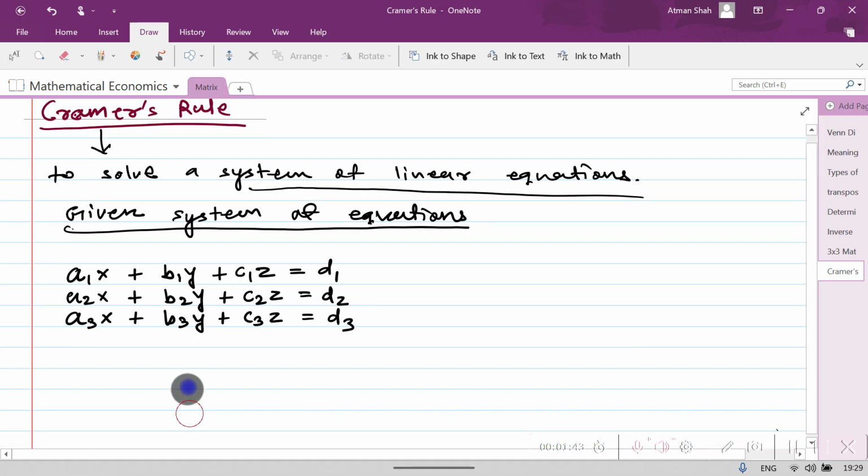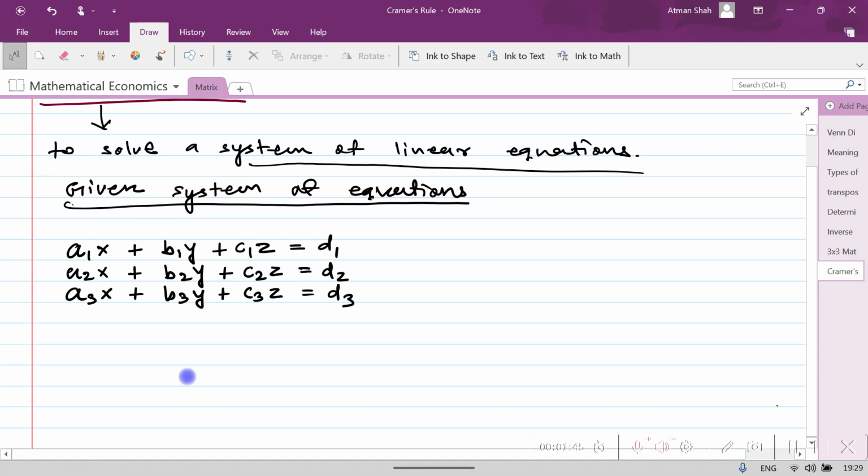So we have three linear equations and we want to solve this. We want to find the values of x, y and z. So how do we do that? Let's understand this step by step.